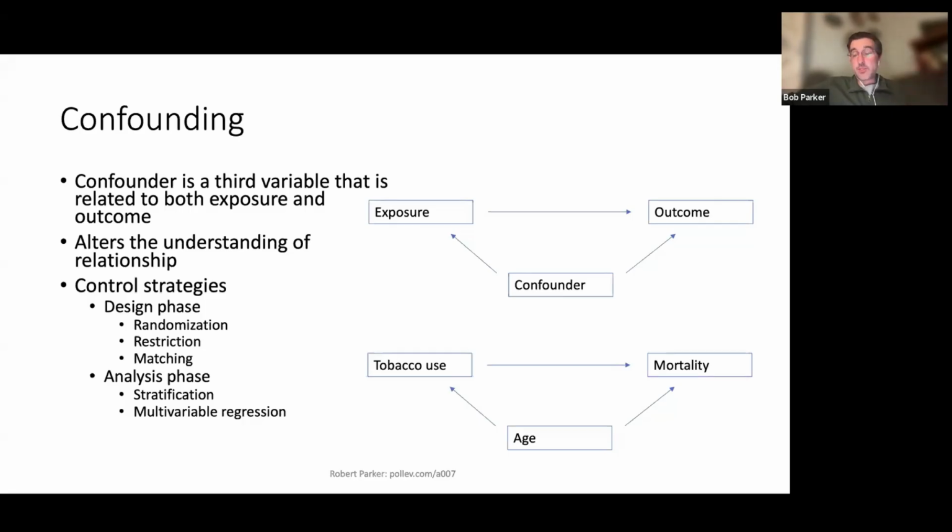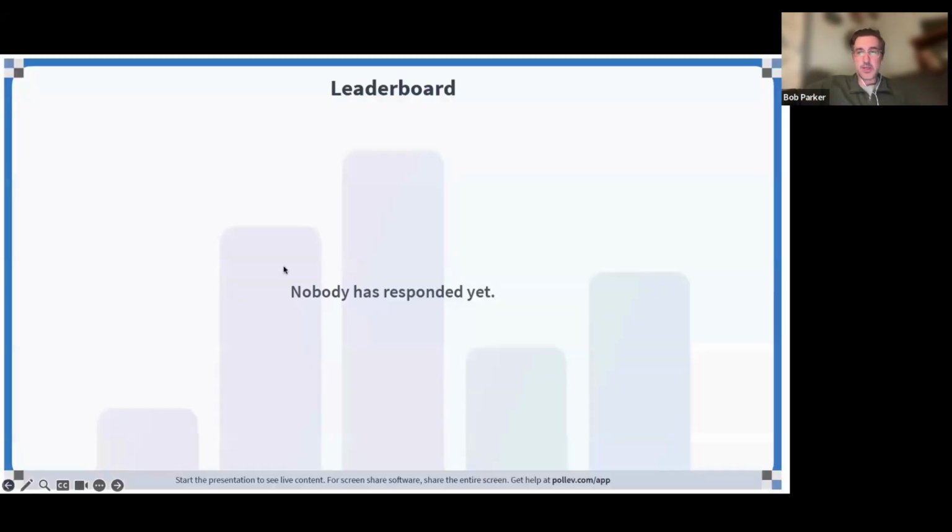And then there are some things we can do in the analysis phase, but we should develop that plan at the beginning of the design so that we make sure that we're able to have all the appropriate information for things like stratification and multivariable regression, where we control for confounding factors. Those are important things. All right, so the end.